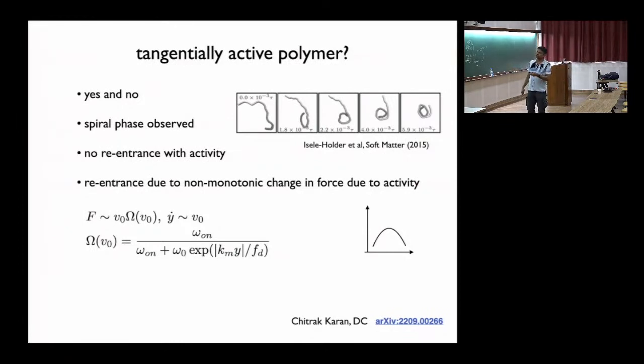The answer is both yes and no. Number one, the spiral phase is observed in such active polymer models. But second, there is no reentrance with activity. If you keep increasing activity, it will get into a better and better spiral, because there are no intermediate molecular motors there. You are just directly saying that the filament itself is active, and from somewhere it's just getting that activity.